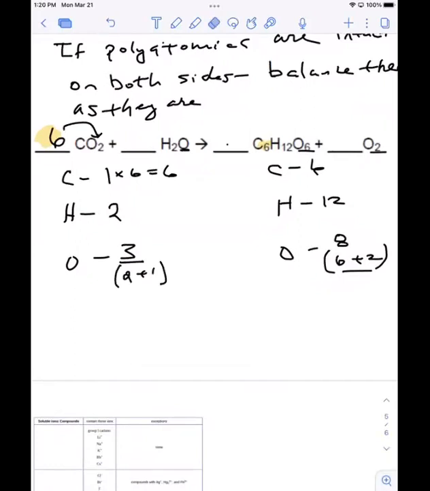So this is now 12 plus 1, and that's 13. Right, so 12 plus 1 oxygens. Initially you had 2 plus 1, so you had 3. Now you got 12, because that 6 is going to distribute through to both carbon and oxygen, which has a subscript of 2. So now that's 12 and then plus 1.